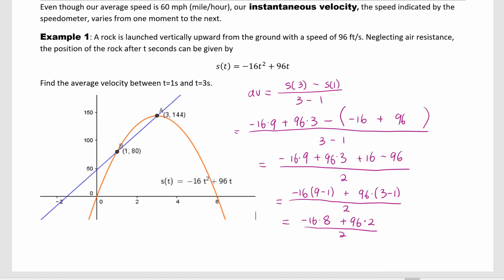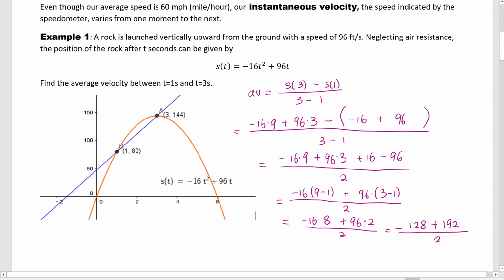So we can actually simplify the answer. What is 16 times 8? 8 times 6 is 48, 8 times 1 is 8, so 128. What is 2 times 96? 2 times 6 is 12, 2 times 9 is 18, so 192. 192 minus 128 is 64, and 64 over 2 is 32.